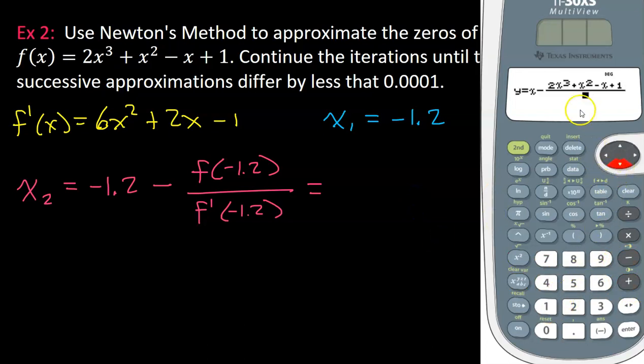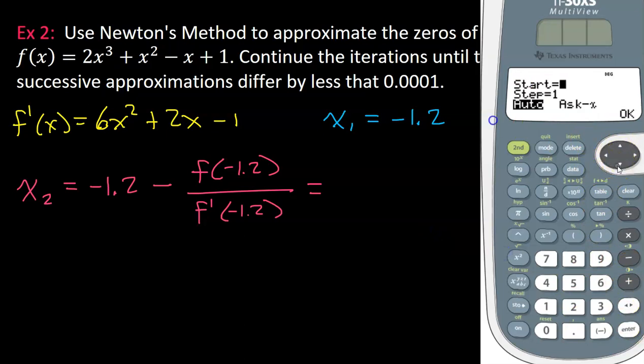And then in the denominator, that's going to be f prime. So I'm going to have my 6x squared plus 2x minus 1. So this table feature will do all of the work.